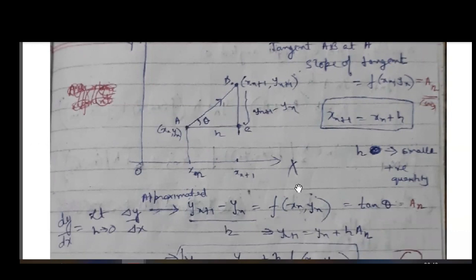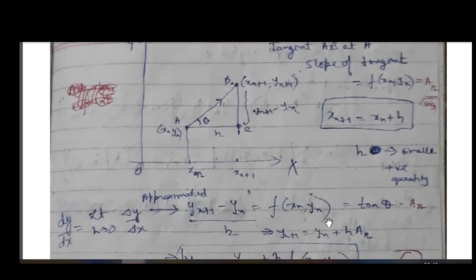I just use the notation an for this tan theta. So what is tan theta? Here we are not considering any curve; the slope of this line AB makes an angle theta with the x-axis, so it is the slope of AB. This is tan theta, we name it as an. This is nothing but, as I said, f of xn, yn.